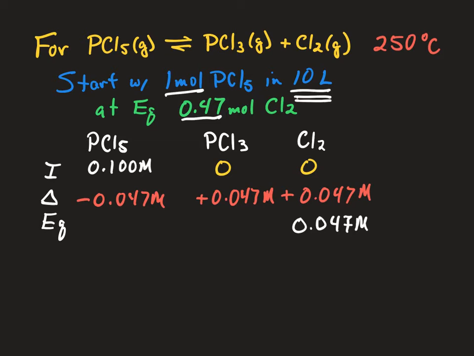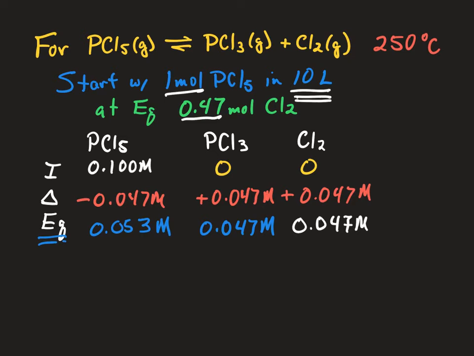And so the other two at equilibrium are going to be 0.047 molar, and 0.1 minus 0.047 is 0.053 molar. Those are the equilibrium concentrations of all components in the reaction mixture.